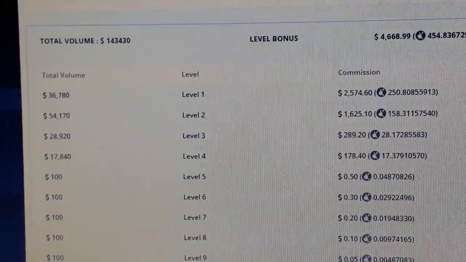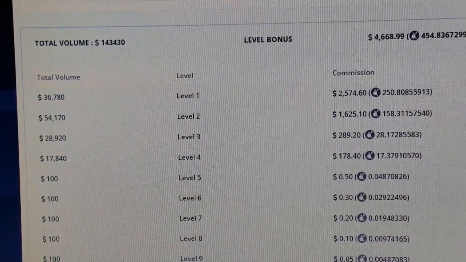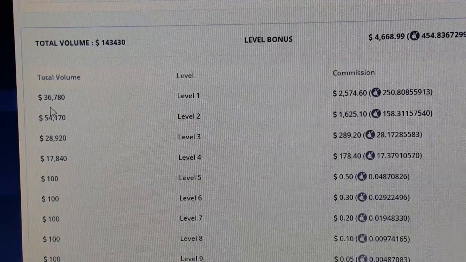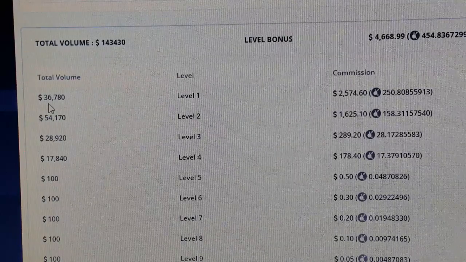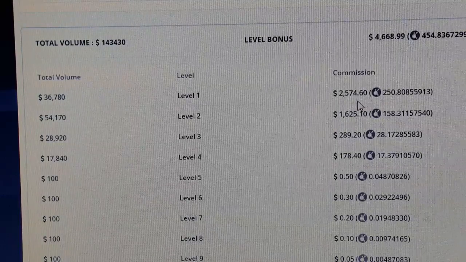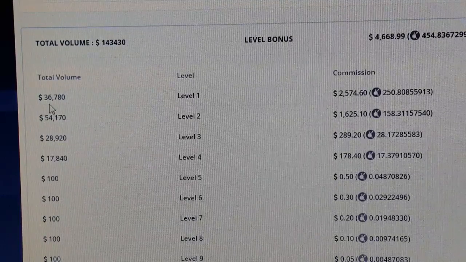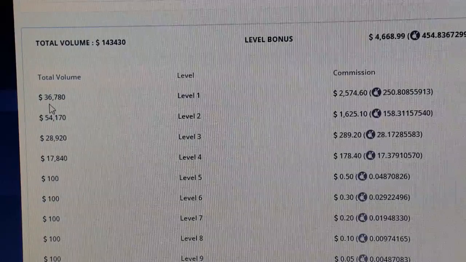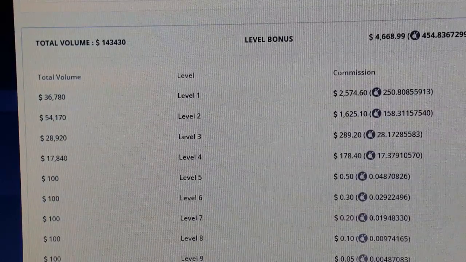So that's why I have to think about that for a moment. On the first level, individuals that I've referred have done $36,000 worth of loans, and I've earned $2,500 for that. Now, the beautiful thing about this is when somebody reinvests, I earn more. So if someone says, okay, I'm going to reinvest another $1,000, I'll earn more.